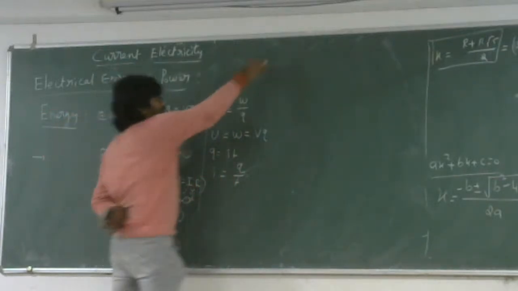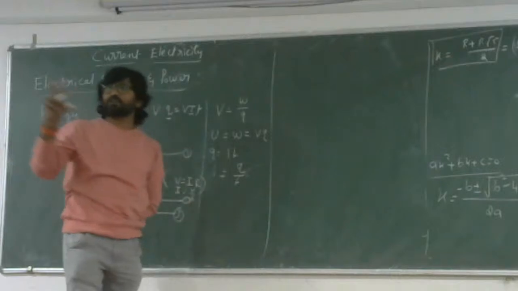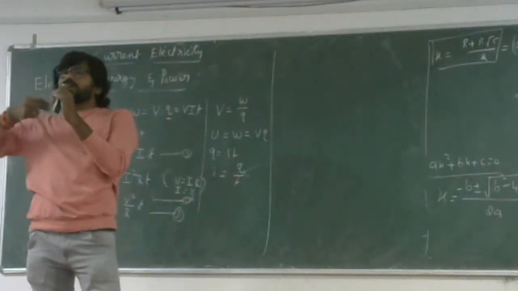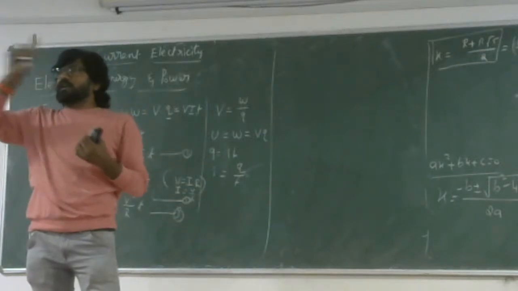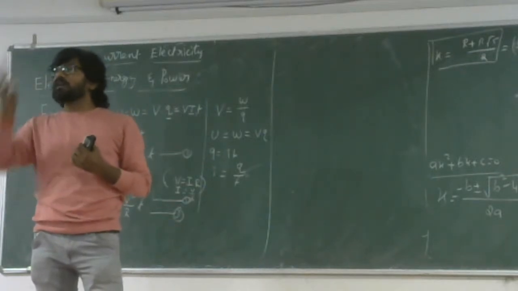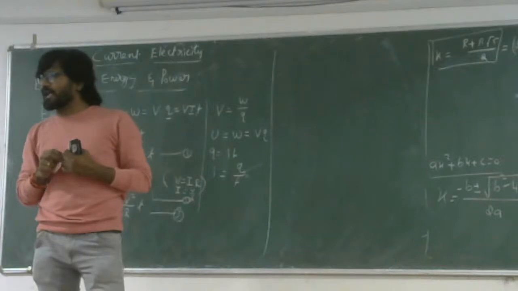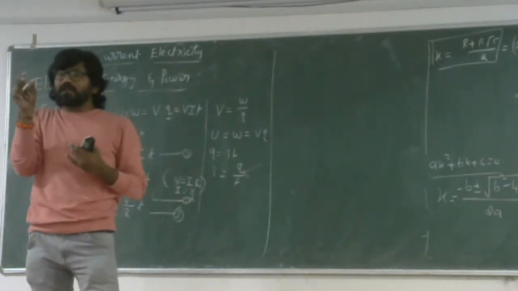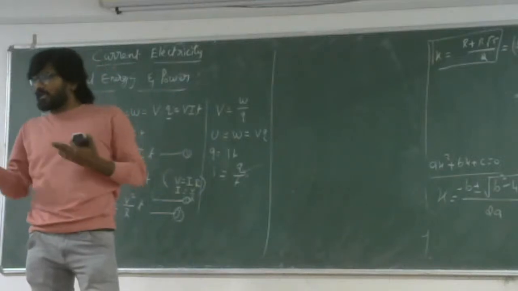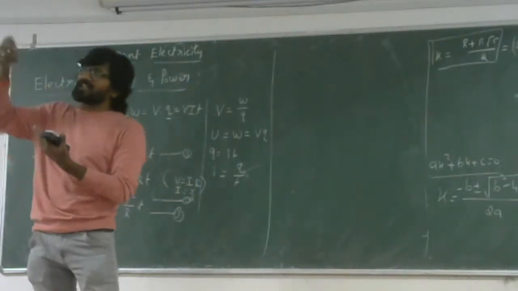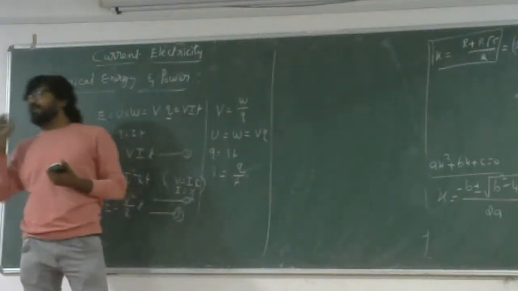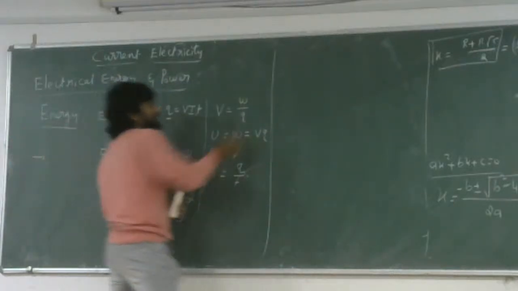If you see your household electrical bills, it may be mentioned that your household has consumed 100 units or 200 units of electricity. That unit is, like the unit of force is Newton, the unit of electrical energy consumed, nothing but kilowatt hour. We call it the practical unit of electrical energy.